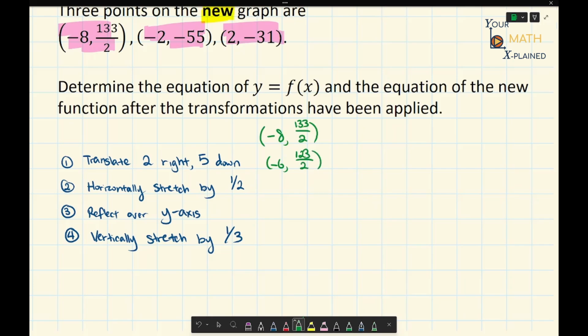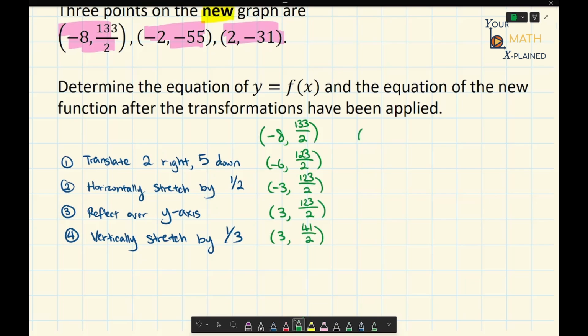Stretching it horizontally by a factor of 1/2 is going to give us (-3, 123/2). Reflecting it over the y-axis means the x is going to change sign, so that's going to be (3, 123/2). And then vertically stretching it by a factor of 1/3 is going to give us (3, 41/2). So this is the first point on the original graph.